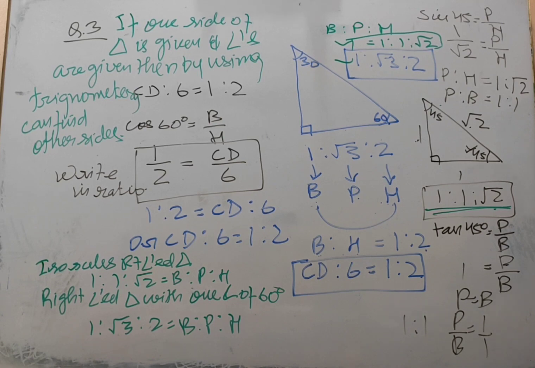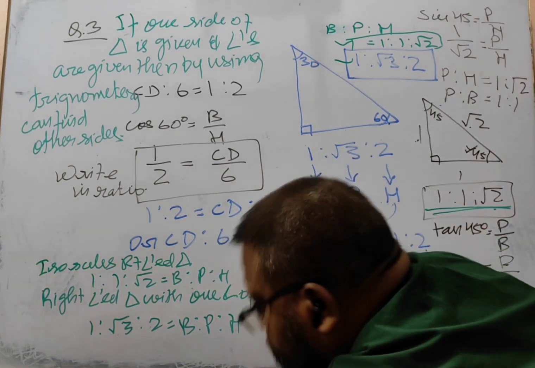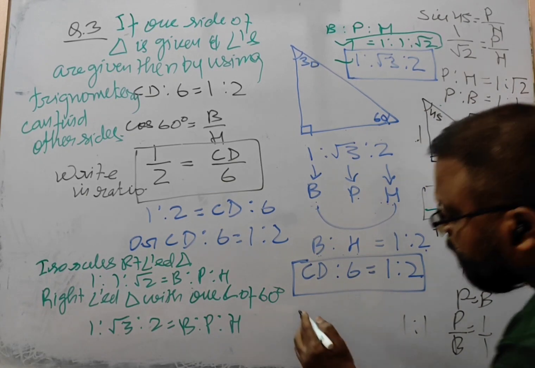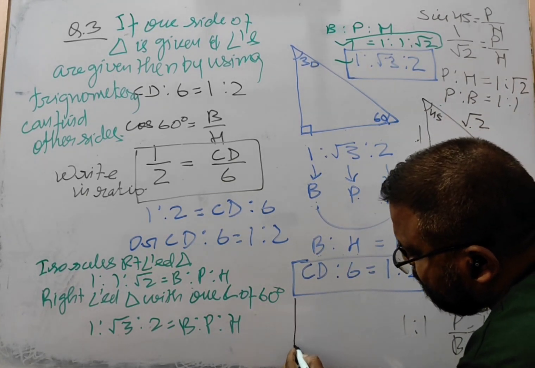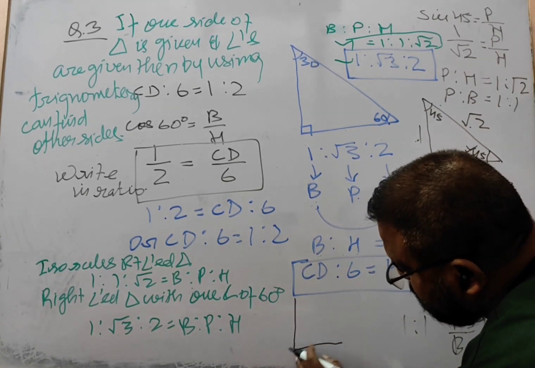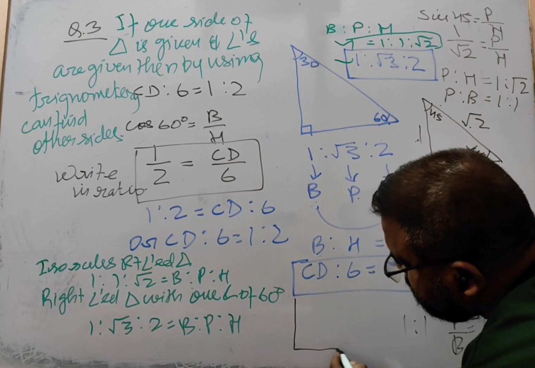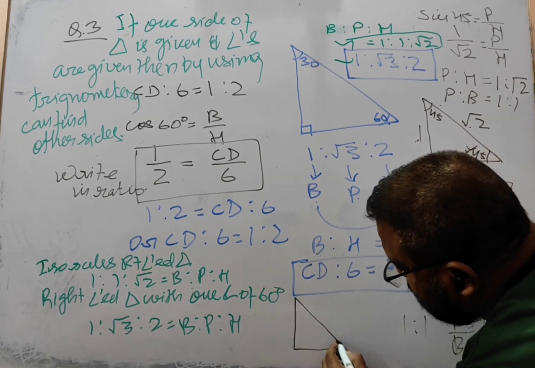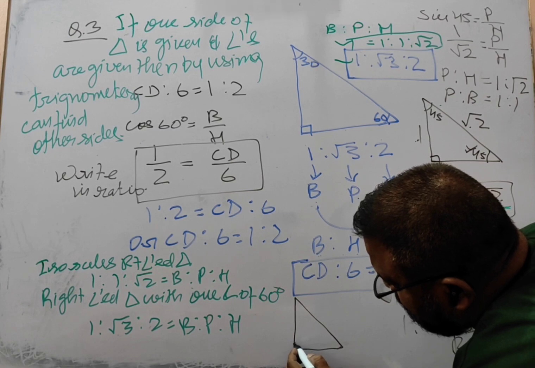This is when one angle is of 60 degree. It's very obvious that if there is a right angle triangle, this angle will be 90 degree.